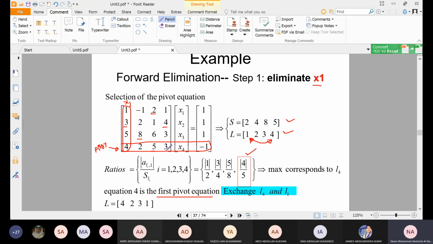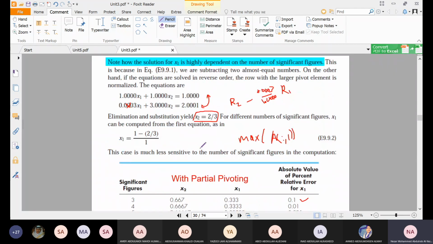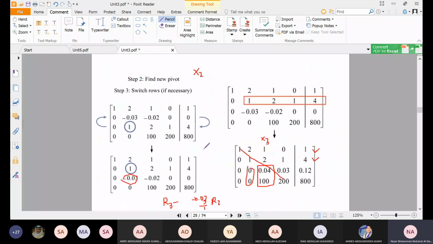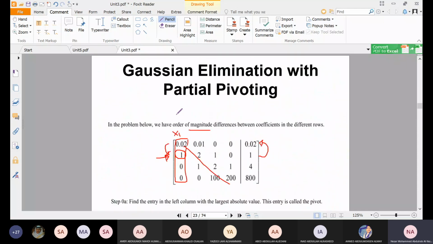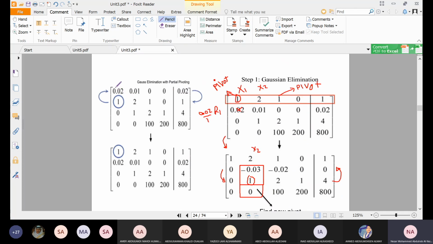Before, in the previous method, what did we do? We do swapping, guys, right, between rows. If we return back to this one, for example, for the first column, if we want to do elimination, I compare this magnitude and this magnitude, and I find this one is larger than this coefficient.